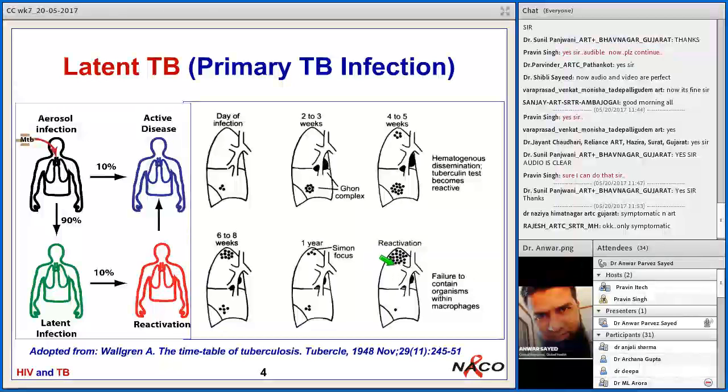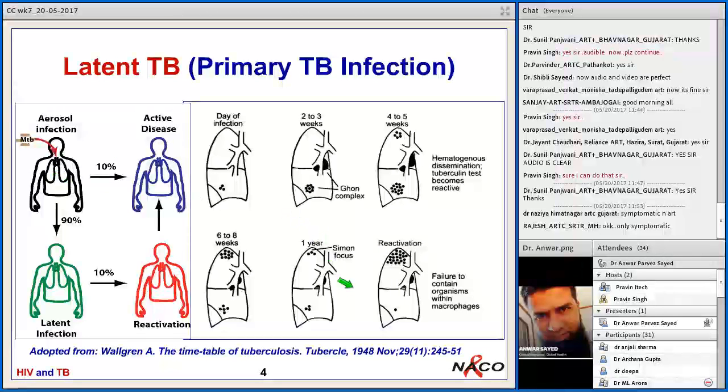So there are two terminologies which we need to understand. One is endogenous reactivation. Endogenous reactivation means the bacillus was already present and reactivation happened because of the favorable condition, that is, the reduced immune system of a person. The second term is exogenous reinfection. That means a person was already having low immunity and then a new infection happened.